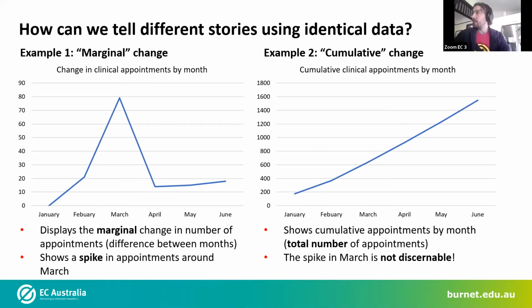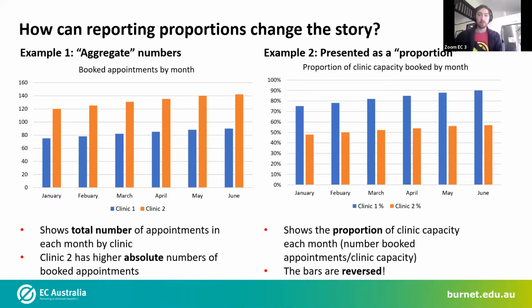All right, so next one. How can proportions change the story? I think this is something that maybe everyone's come across at some point, but it's a really important lesson to take away. On the left, we've got booked appointments by month, with bars for 2 clinics.